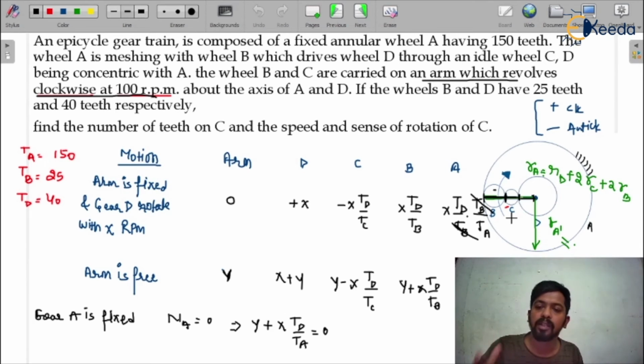So all the gears have the same module, because all are mating gears, all are in meshing with each other. We have studied in the gear chapter that for mating gears the module is the same. Here you can see gear C and D are meshing, gear B with C are meshing, and gear A with B are meshing.